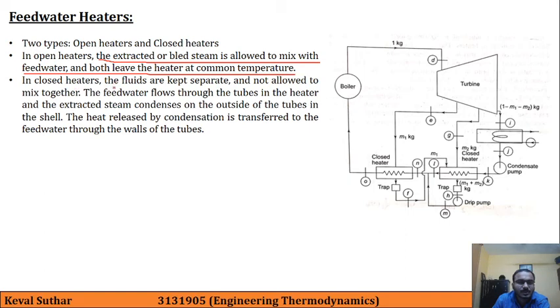In a closed heater, there is no direct contact, that is, fluids are kept separate, not allowed to mix together. The feed water flows through the tubes in the heater and extracted steam condenses outside the tubes in the shell. So this is indirect contact. The heat released by condensation is transferred to feed water through the tube.